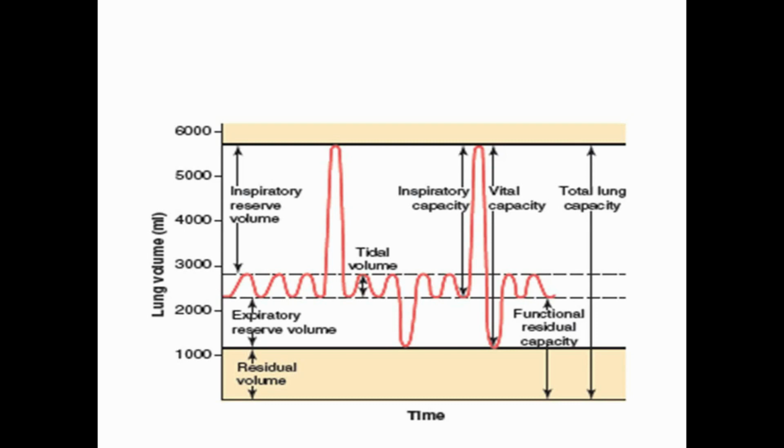During quiet breathing we are exhaling approximately 500 ml of air, but with forceful expiration we can exhale approximately 1200 ml of air from the lungs to the outside. So with forceful expiration, the amount of air that goes out from the lungs above that of tidal volume is the expiratory reserve volume.